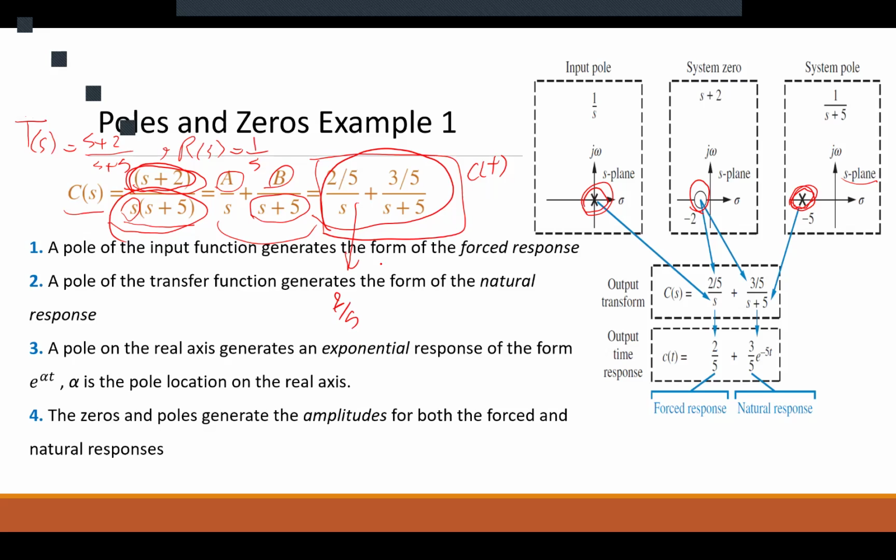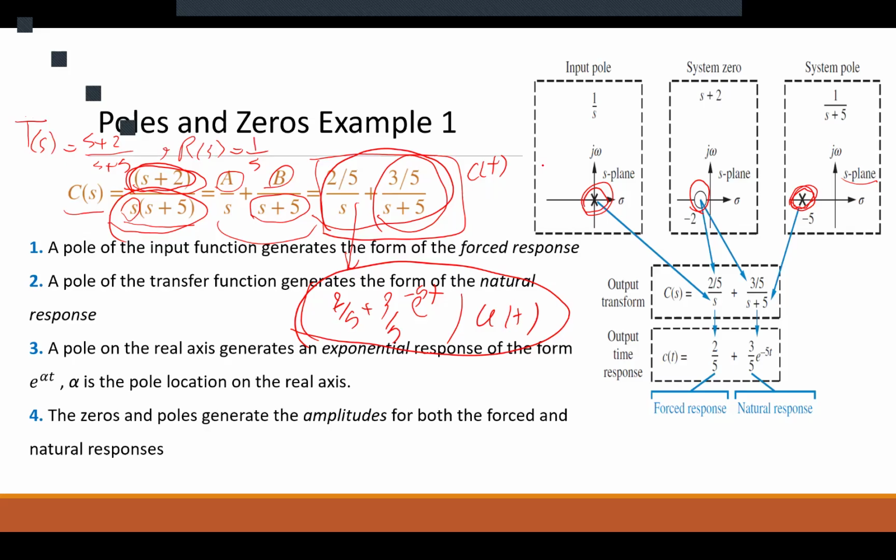And the Laplace inverse of this one is going to be 3 over 5 times, there is a frequency shift, e to the power of -5t, all of them times u(t). This is what we learned before of how to use the Laplace inverse to find the time domain function using the S domain function. Are we good?